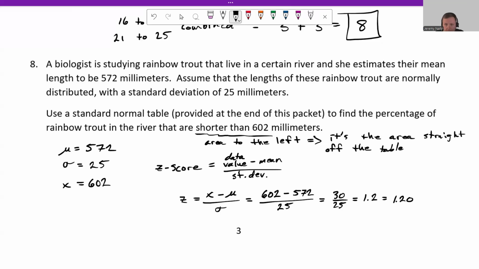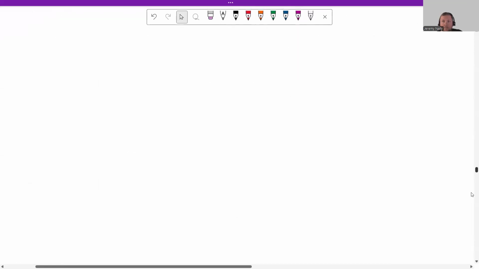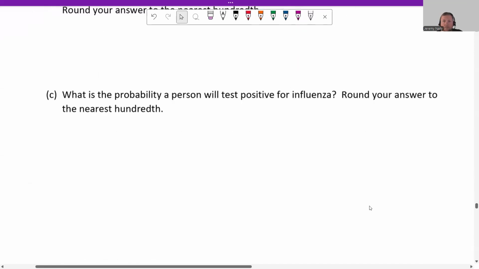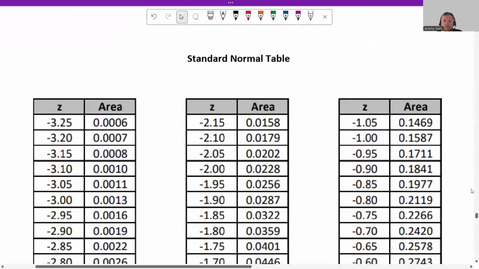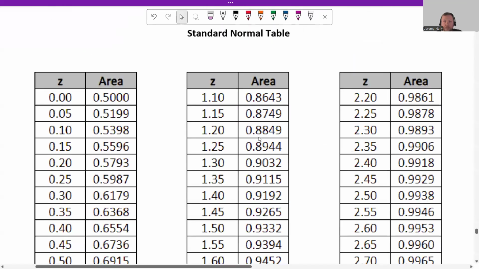So now the area corresponding to a z-score of 1.20, let's look that up. So I have 0.8849.